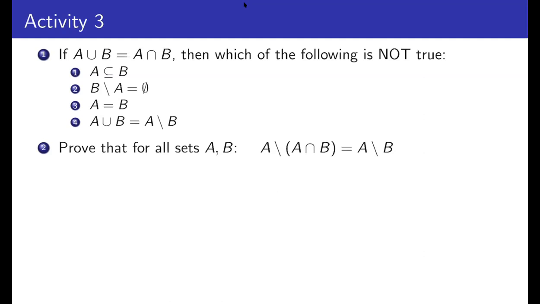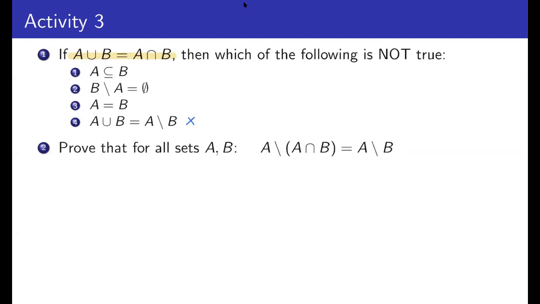Four? Yeah, you're right. 4 is not true. Why is it not true? First of all, what does this tell us? What can we conclude from this? A equals B, exactly.